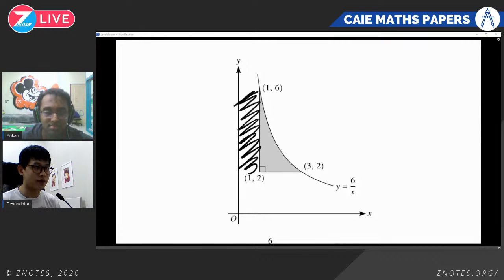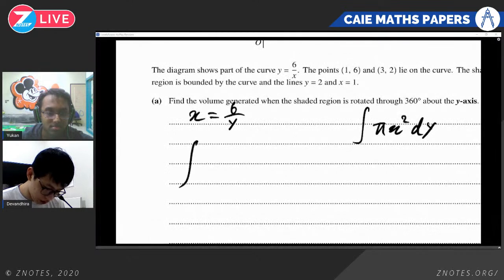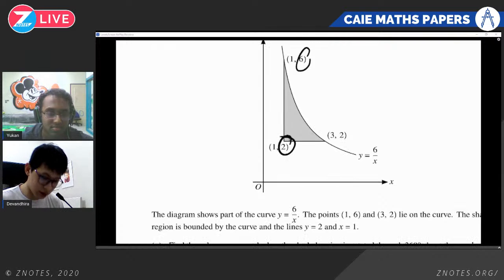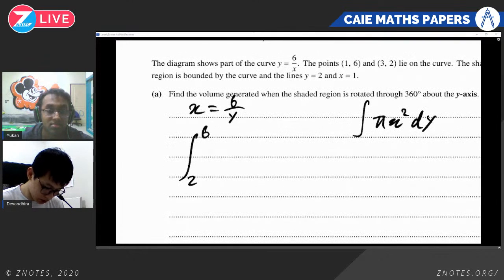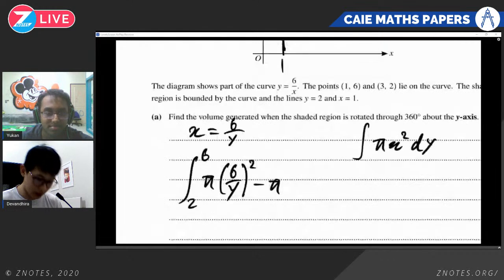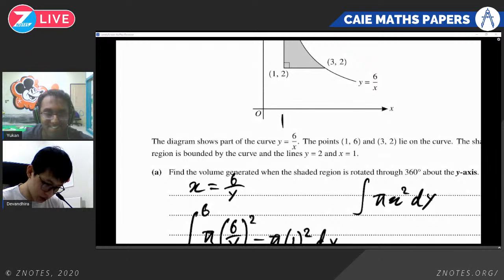So the integral goes in the y direction, so we take the y values, which are 2 and 6. We have the integral from 2 to 6 of pi times (6 over y) squared, minus pi times, remember, this is when x is 1, therefore 1 squared, dy.